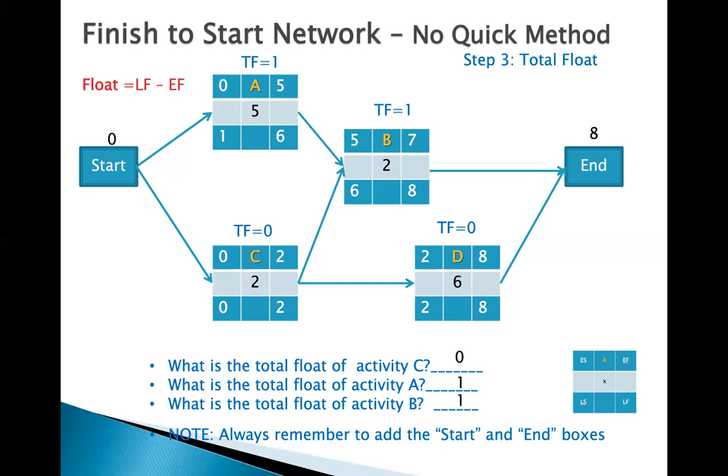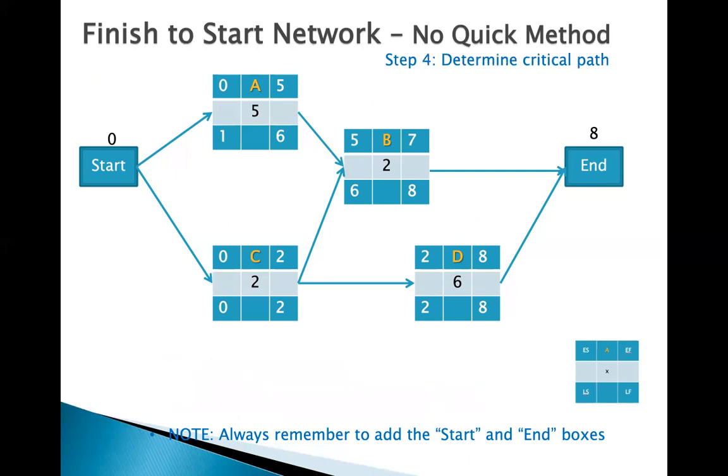It's 1. And by definition, the activities that are part of the critical path have a total float equal to 0. So from now, you can visualize the future. The activities on the critical path are C and D. Now that we understand the total float for each activity, we are ready to determine the critical path.